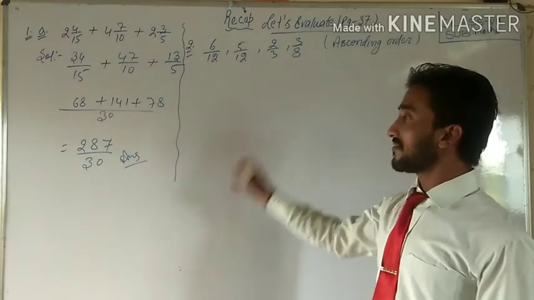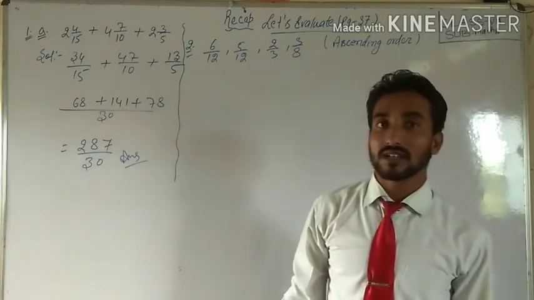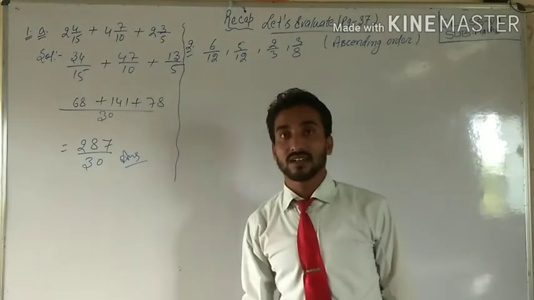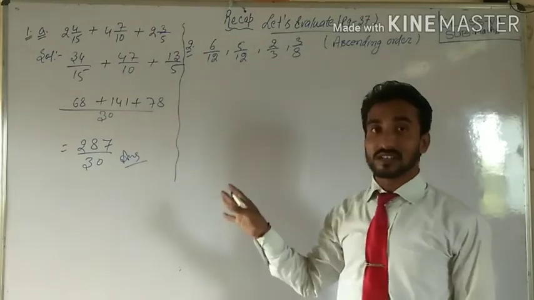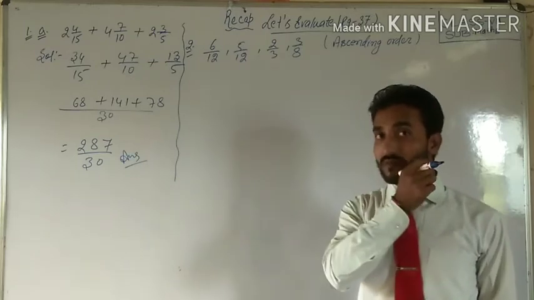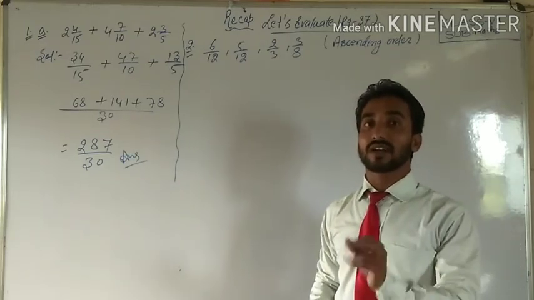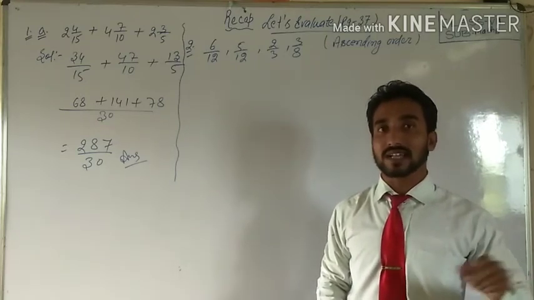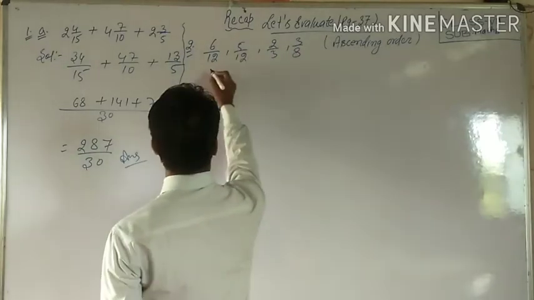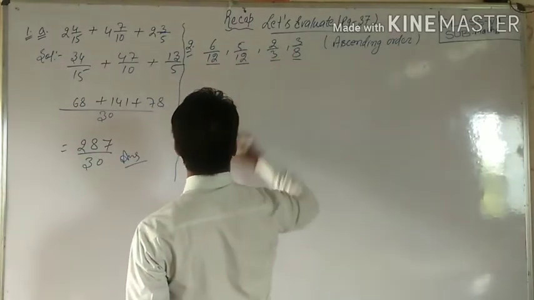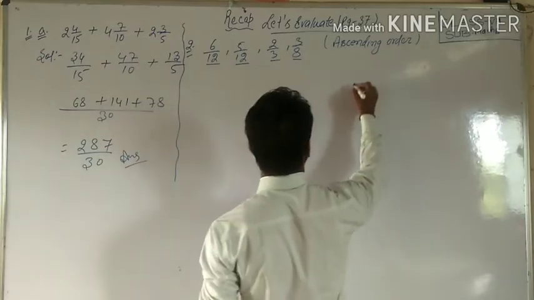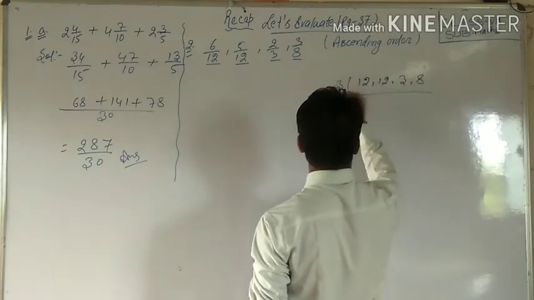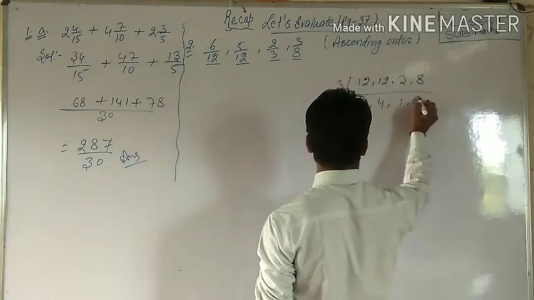I hope when the classes were taught, it was said that in questions with fractions, first of all you make the denominators equal. How will you make the denominators equal? You will find the LCM of all the denominators. Here we have 12, 12, 3 and 8. Dividing by 3 gives 4, 4, 1, 8.